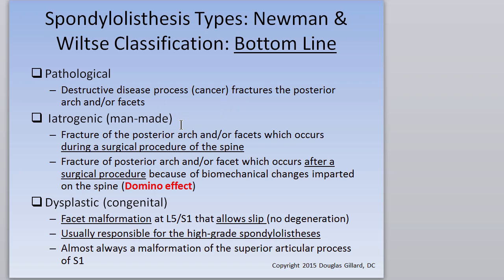Iatrogenic. Now this one can get a little tricky. So if you have a patient and they undergo a laminotomy, they have a disc herniation at L4. So what's a laminotomy? It's not a laminectomy. Ectomy means they take the whole lamina out. They can remove the whole posterior arch completely in patients with severe stenosis. But in a discectomy, they have to get in and create a working space.